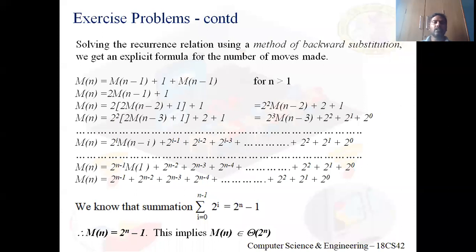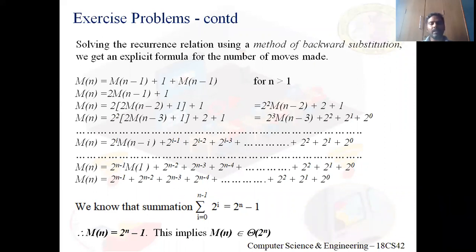Clear with this? So I repeat, what all topics we discussed in this session. One is the general plan, making a general plan for analyzing a recursive algorithm. Again, basic operation. I think everyone is clear with identifying the basic operation, right?